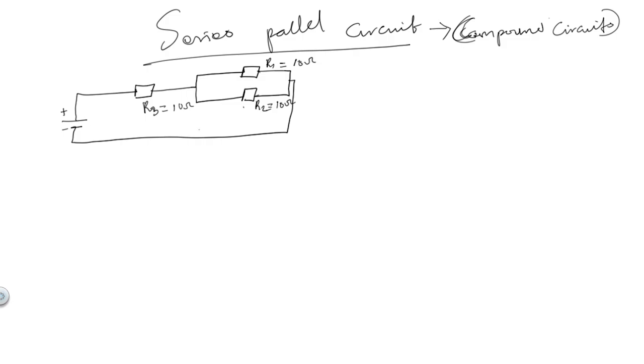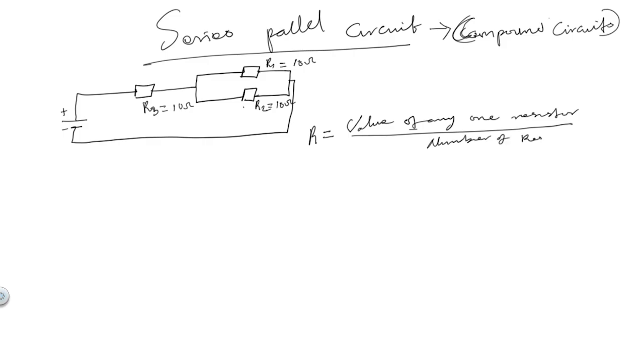So for this one in parallel, R1 and R2, we find the total resistance, say R, which is equal to, if you remember, we said for resistors in parallel that are of the same value, it would be the value of any one resistor all over the number of resistors.